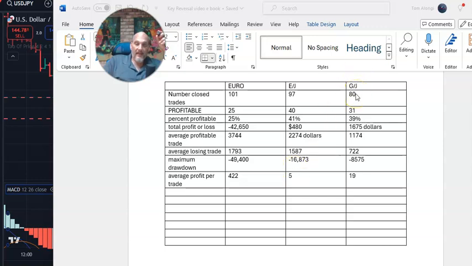Sterling yen. Number of trades closed, 80, 31 profitable, percentage profitable 39%. Total profit was $1,675. Average profitable trade was 1,174. Let me make sure that's right. I have it in my notes here.